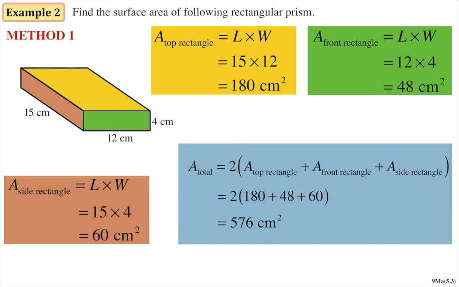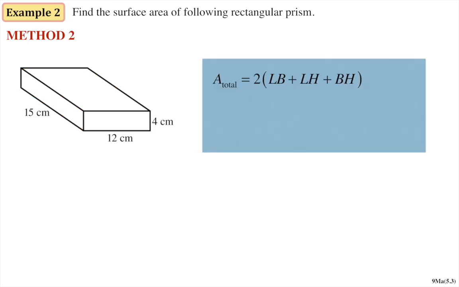Now, method 2, far quicker if you learn this formula. L, B, and H are just the length, the breadth, and the height, and it doesn't matter which one is which. You could have L is 4, B is 12, H is 15, or L is 15, B is 4, H is 12. Doesn't matter about the combination.